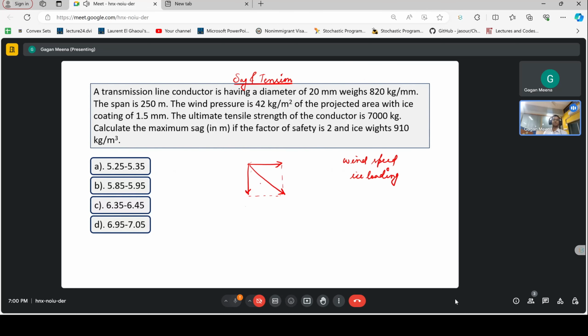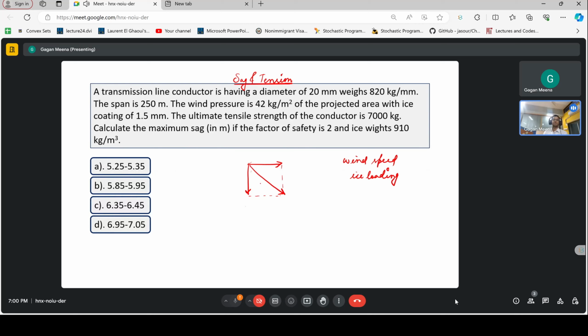Span is 250 meters. Transmission line with a conductor diameter of 20 mm weighs 0.82 kg per meter. You have to find the sag. The ultimate tensile strength is given as 7500 with a safety factor of 2.